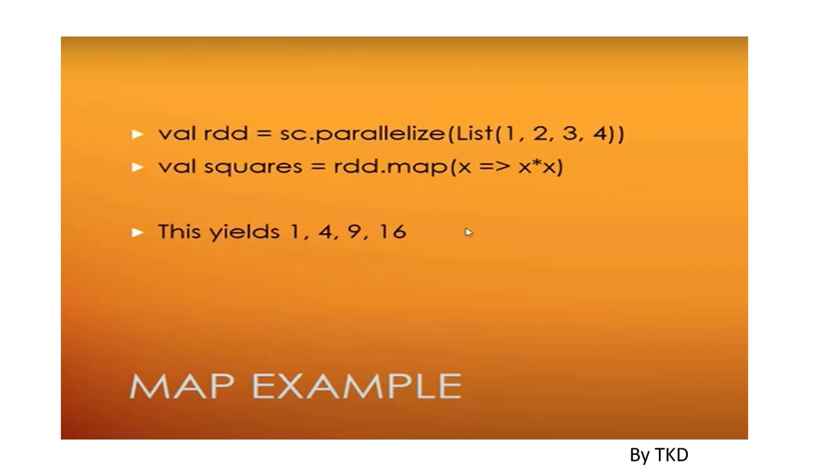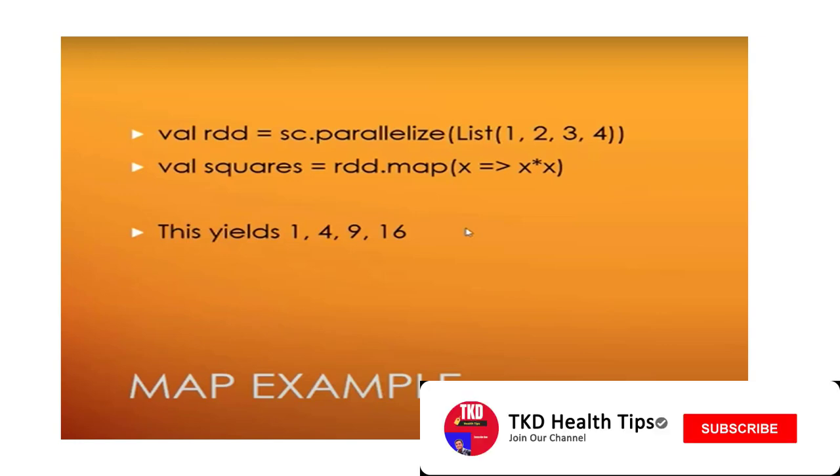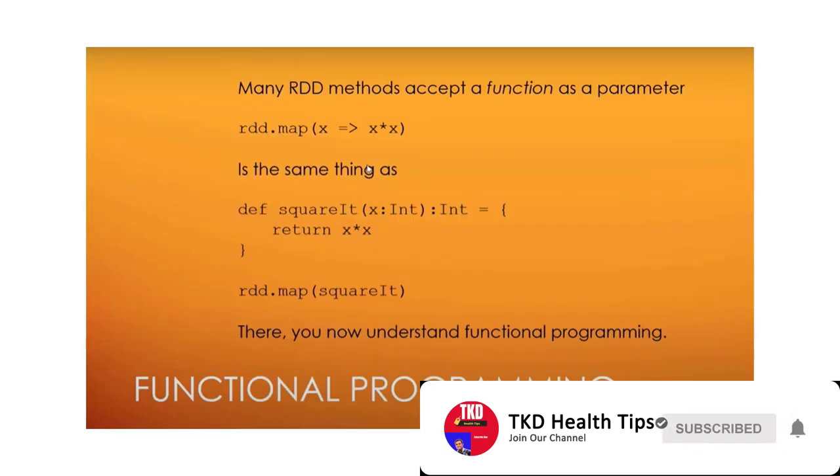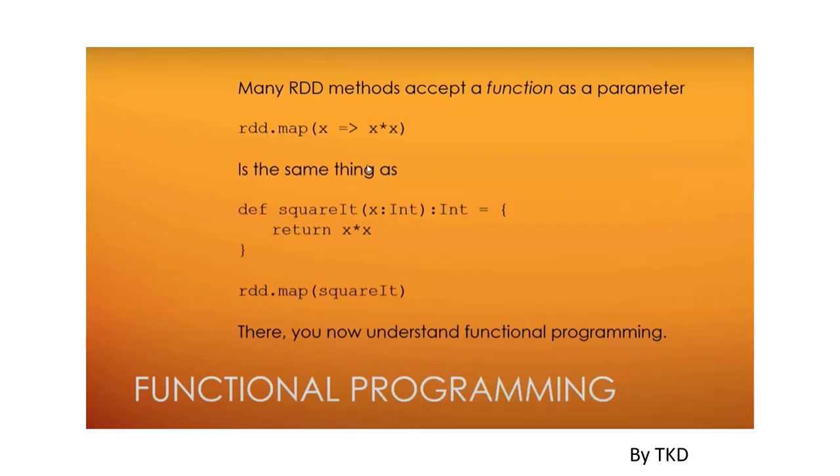One is the concept of a little self-contained function like x arrow x times x, which is being used as a parameter. Also notice that we are using vals and not vars, which is a good practice for functional programming. Although map creates a new RDD, it doesn't modify the original RDD, and the new one it creates is immutable.